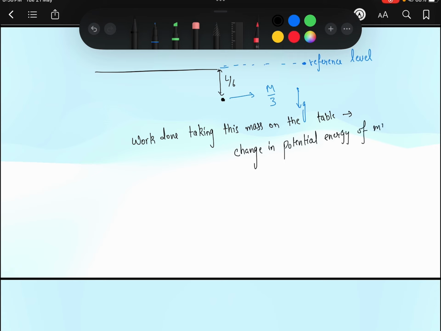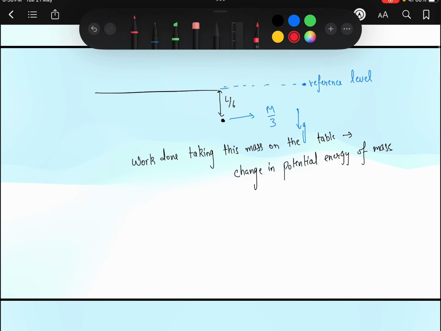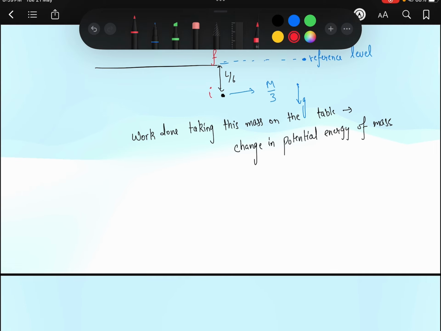Okay, so let me call this our initial point and this our final point, and we are taking this point mass from this initial point to the final point. So I will be writing here the potential energy of this mass at the initial point.